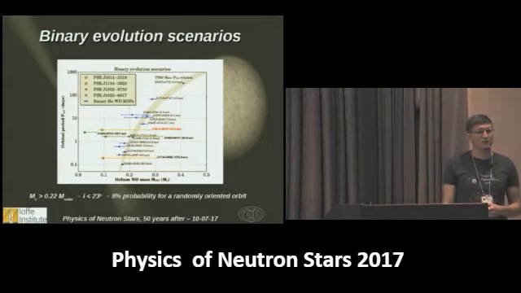But you don't think a double neutron star system is possible? But then it should be much heavier. It's not prohibited, so yeah.